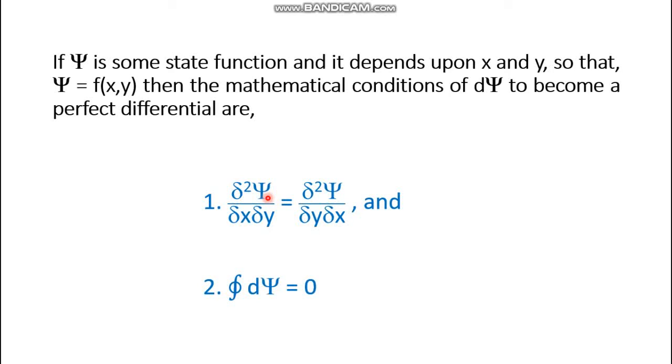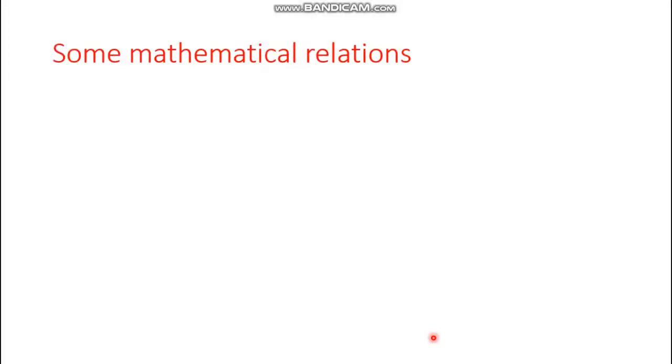That means psi is a state function. Another mathematical condition is that the cyclic integration of d psi must be equal to 0. Suppose there are two states, 1 and 2, then the integration from 1 to 2 of d psi plus the integration from 2 to 1 of d psi must be equal to 0. This is cyclic integration.